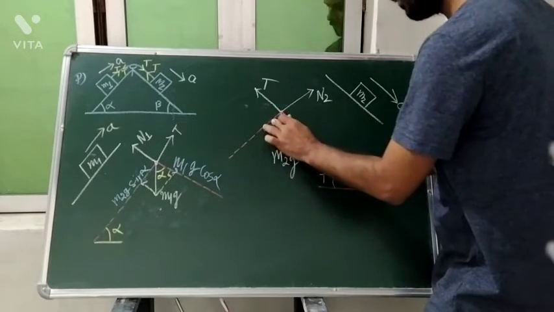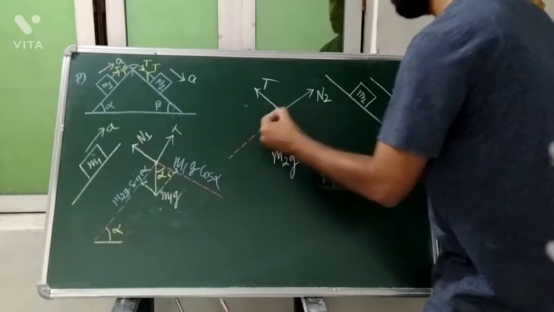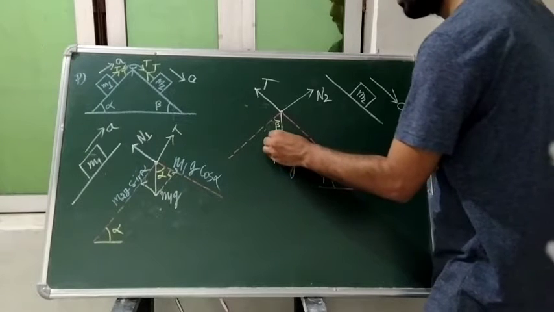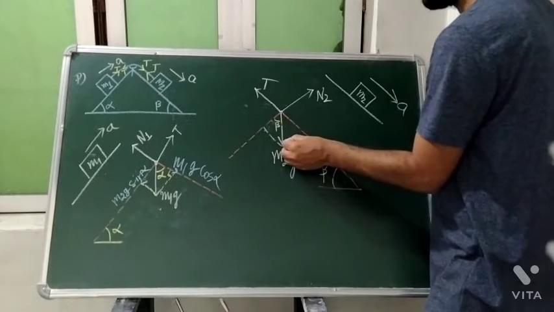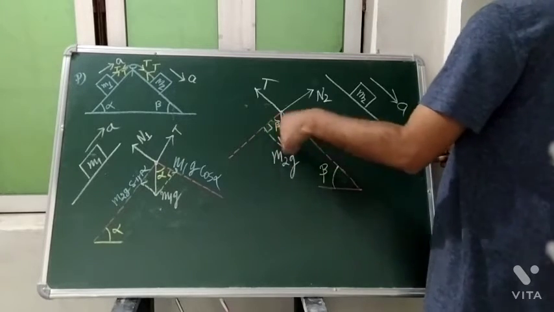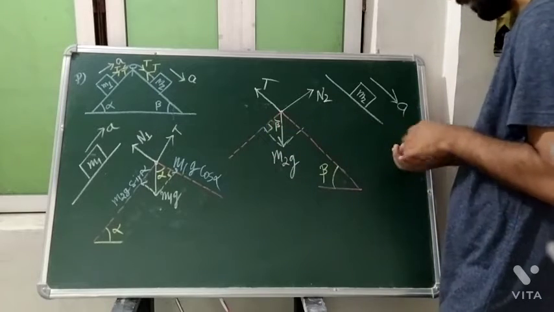We will get this right angle triangle, with two angles present on this. This will become the base.